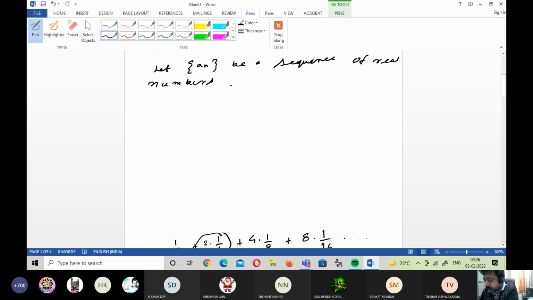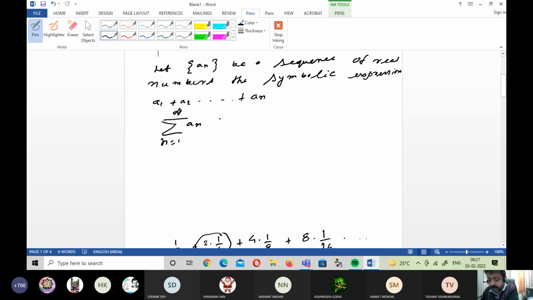Then the symbolic expression a1 plus a2 up to an, which is represented as capital sigma n equals 1 to infinity an, or simply you can represent the same an like this, n equals 1 to infinity.